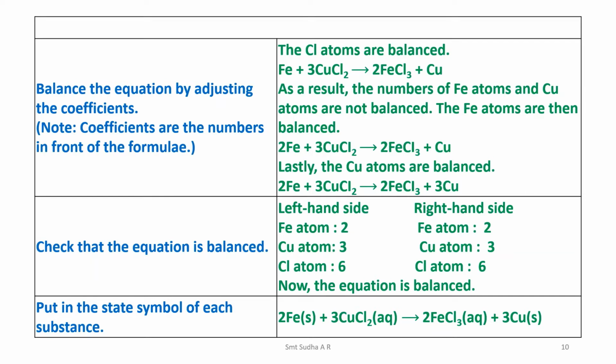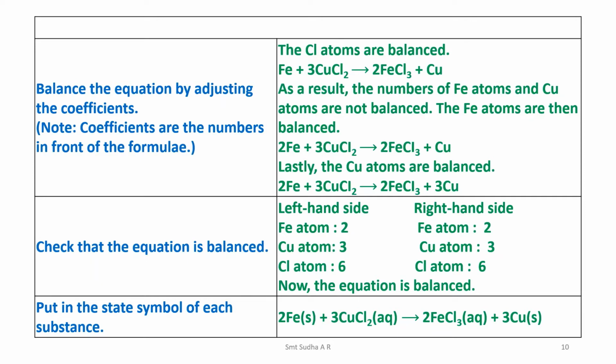When you observe this, as a result, the numbers of iron atoms and copper atoms are not balanced. The iron atoms are balanced first. Next, the copper atoms are balanced. In this way, in this step, we try to balance each and every atom. Then we have to check whether the quantity of atoms present on the left side, that means the reactant side, and the right side are equal or not.